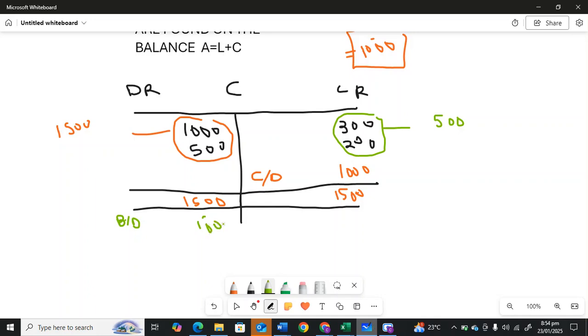Thank you for that observation, because people would have really got confused. How did that 500 really come about? So the balance carried down at the end of the month or year, and the balance brought down at the beginning.